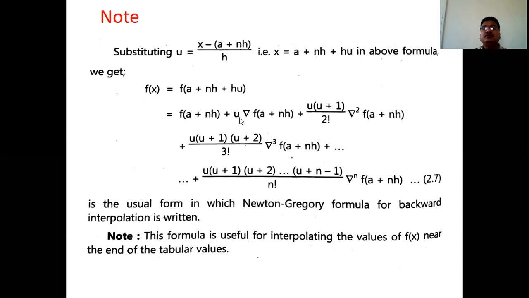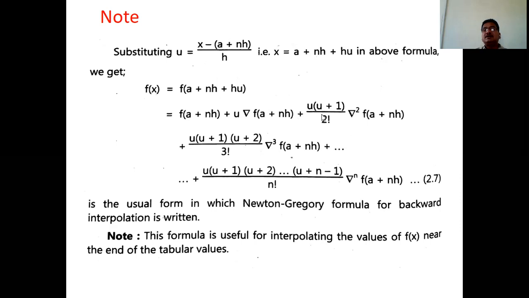Plus u del f of a plus nh. So in the Newton forward interpolation formula, there is delta f of a. Instead of this delta, here there is del, and the f of a plus nh, that is the value at the last point, del of f of a plus nh.